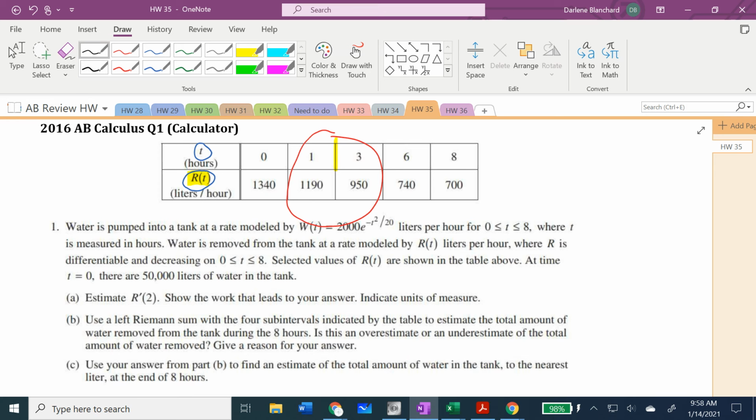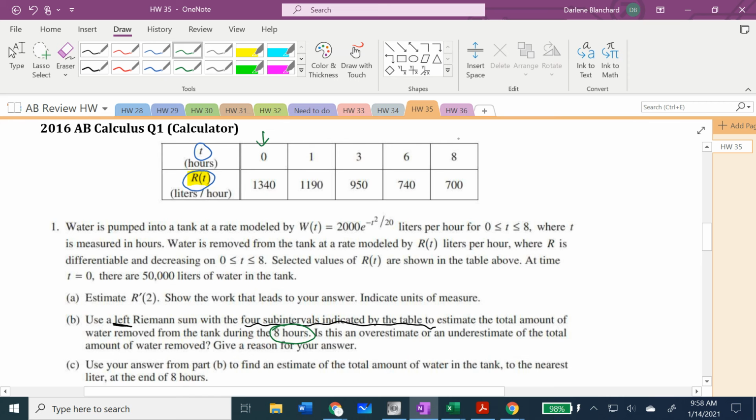Now this says you're going to use a left Riemann sum with the 4 subintervals indicated by the data in the table to estimate the total amount of water removed from the tank during the 8 hours.